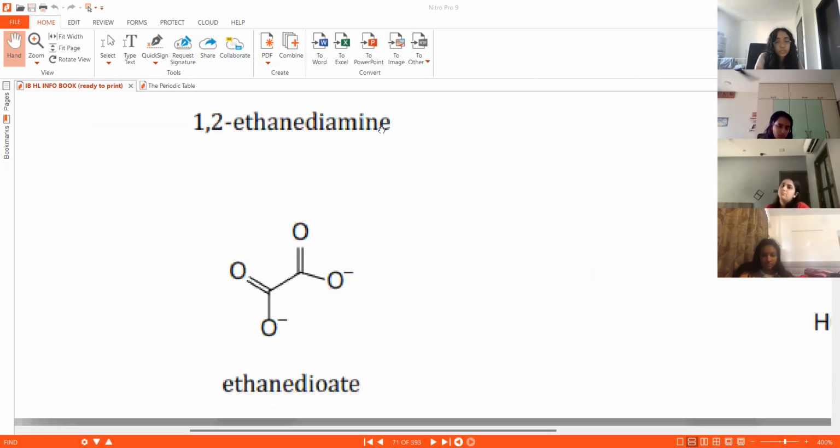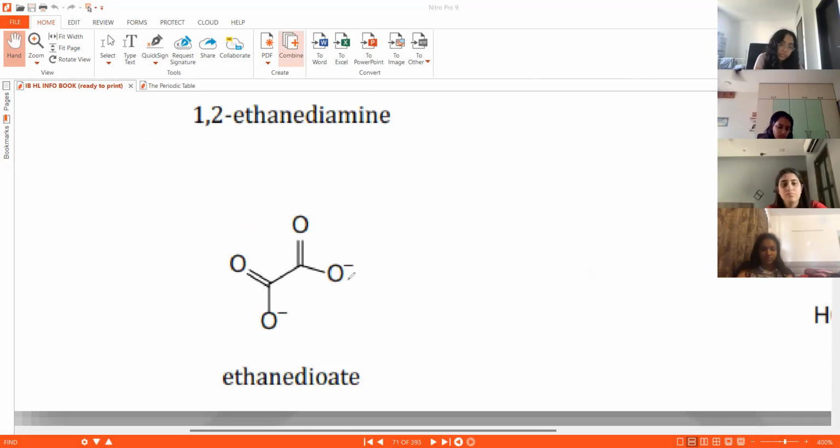Ethane dioate will also form 2 coordinate bonds. So if this is the cation, it can form 2 coordinate bonds. This is entirely one ligand, but forming 2 coordinate bonds. So that's again bidentate.